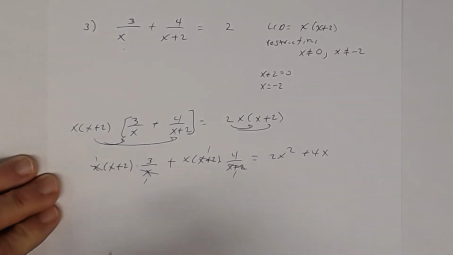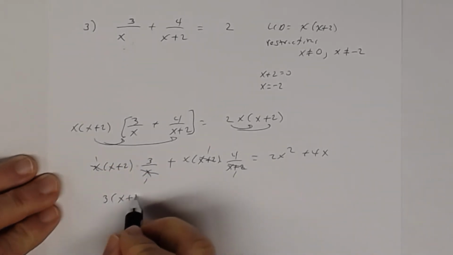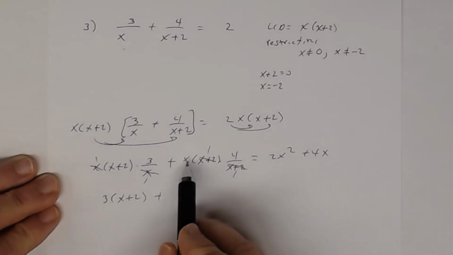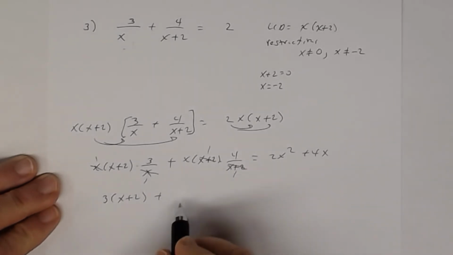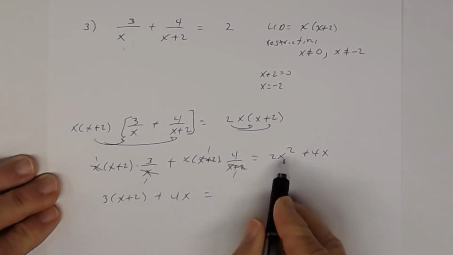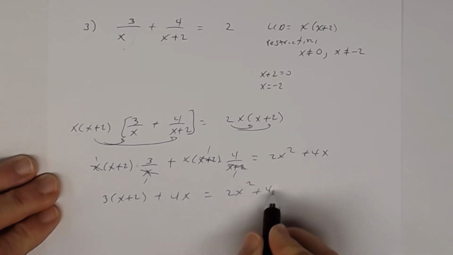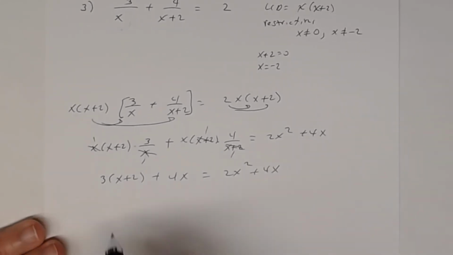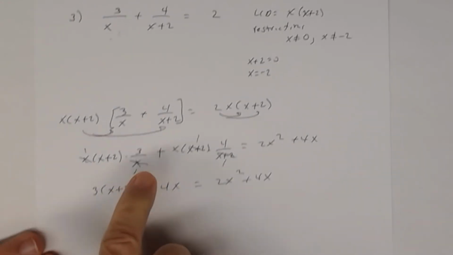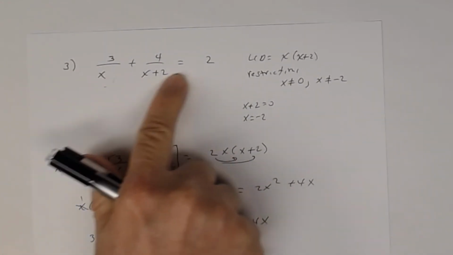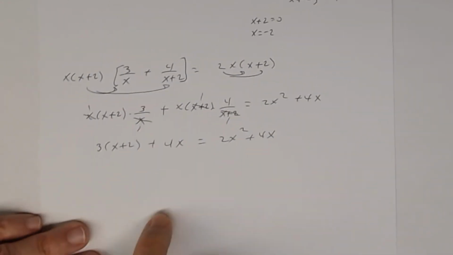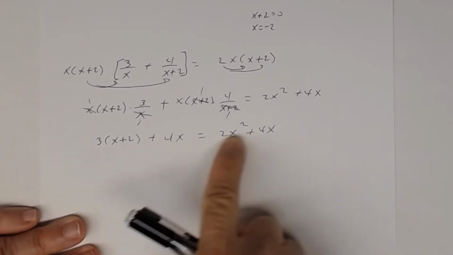I'm going to put the 3 in front. I get 3 times x plus 2, plus x times 1 times 4, which is just 4x, equals 2x squared plus 4x. Okay? Still solving this. Now notice I went from a rational equation to a quadratic now. So they're no longer fractions.